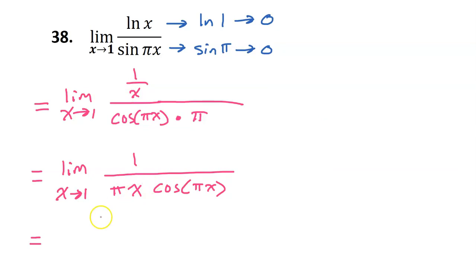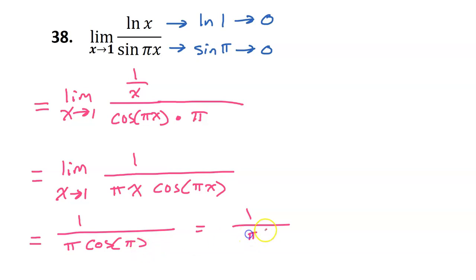So I have this. Now direct substitution gives me 1 over pi, all right, this x is a 1, so I'm not going to write anything, cosine of pi, again this x is a 1, so I don't write it. And then the cosine of pi is negative 1.